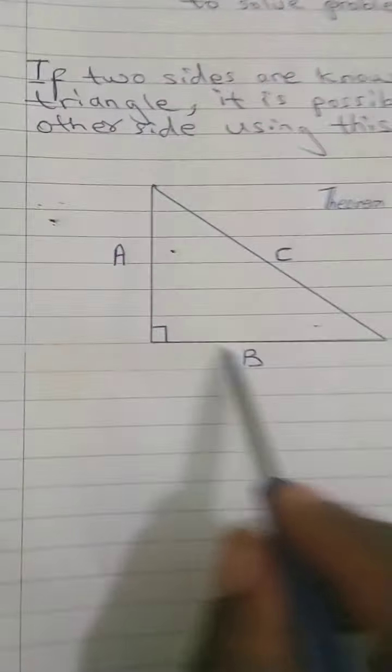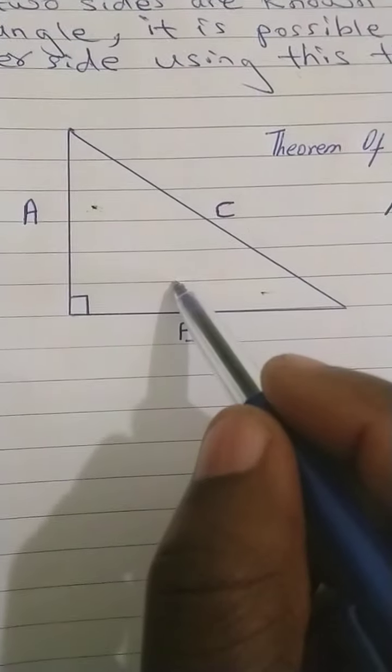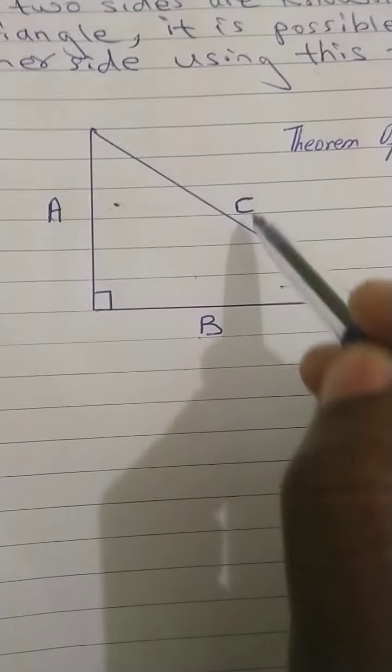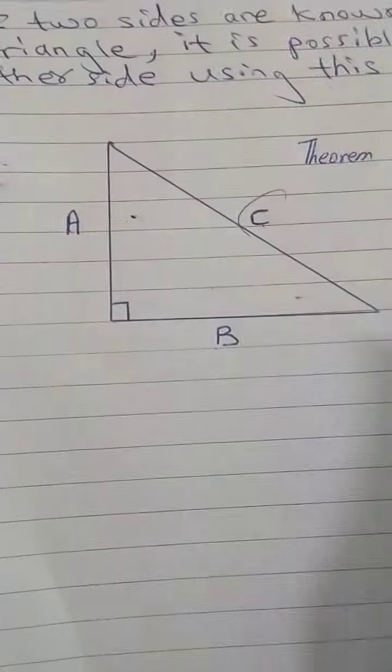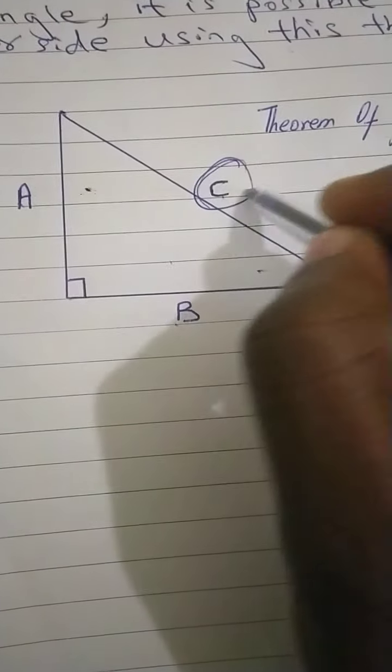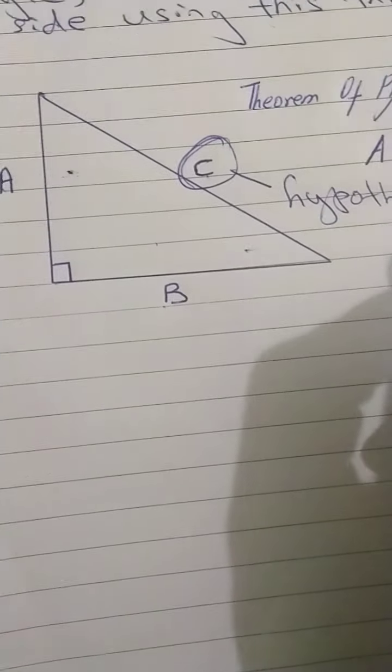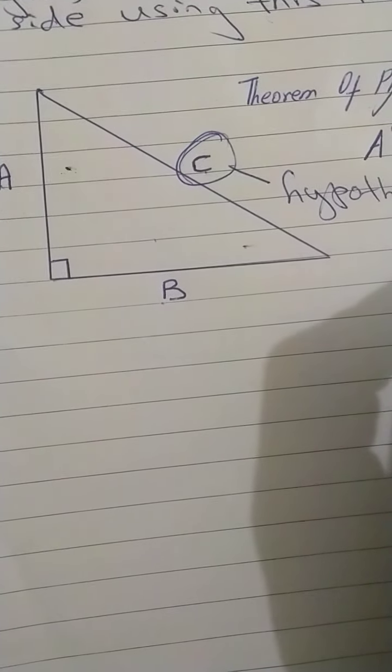So this is a right angle triangle which we are having here. So we are having side A, side B, and then side C. This side here represents the hypotenuse, and then this one is a side, and this another side.